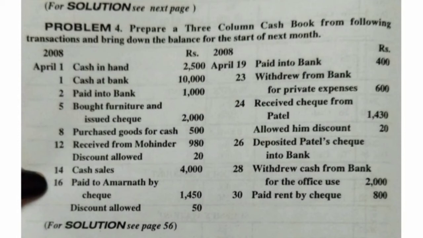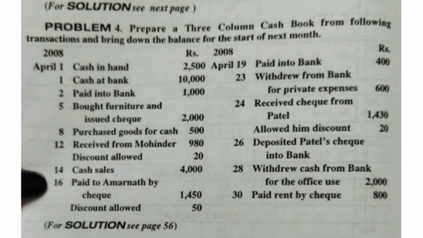Okay, so next entry is we are depositing that check into the bank. So next entry we are receiving the cash. So cash account debit to bank account. If you have not understood, please just write the entries.